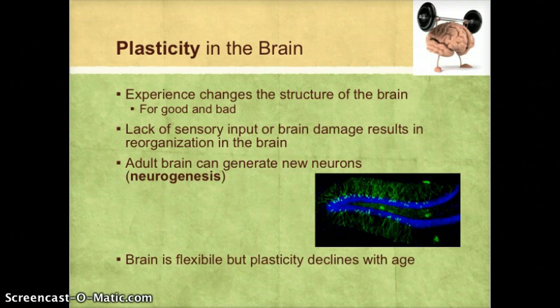Particularly after you've finished puberty, the brain is a little less flexible than it is in childhood and adolescence. This doesn't mean you can't change the brain. It just means you have to work a little bit harder to achieve the same results that you may have achieved as a child. This is one reason it's much easier to learn languages when you're young than it is when you are older.